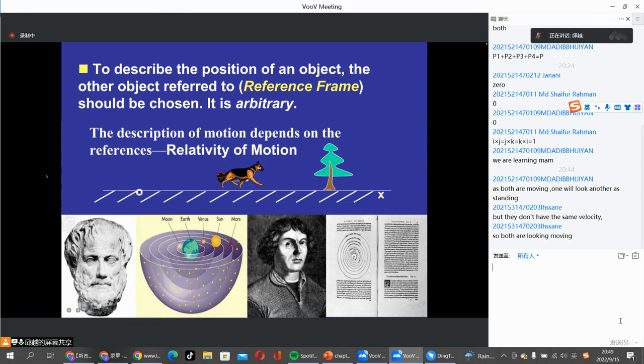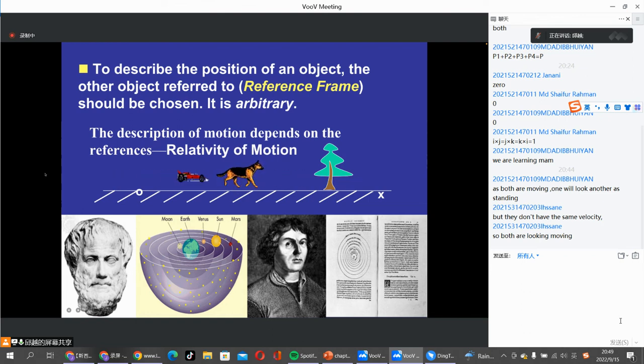But in some circumstances, we choose the car as the frame of reference. So if we are standing in the car, we can see that the dog has a relatively lower speed. So relative to the car, the dog is walking backward.